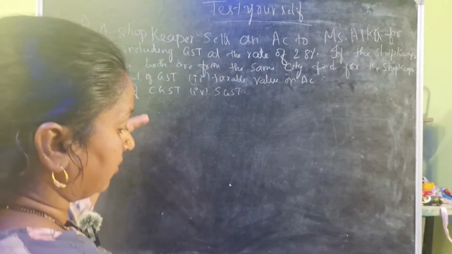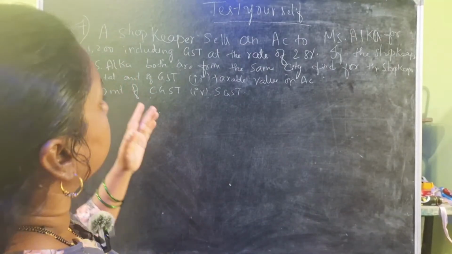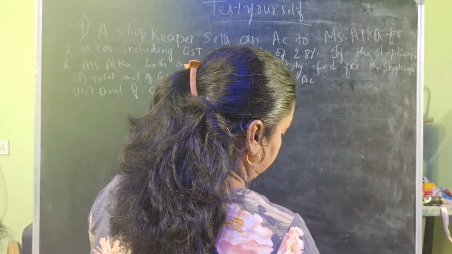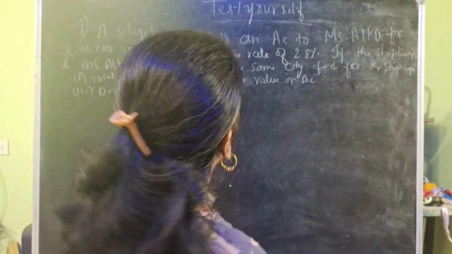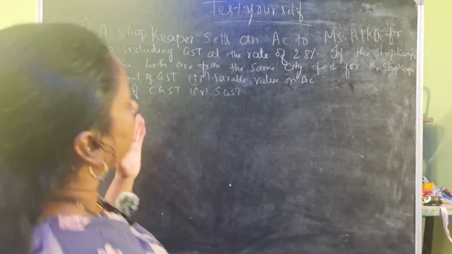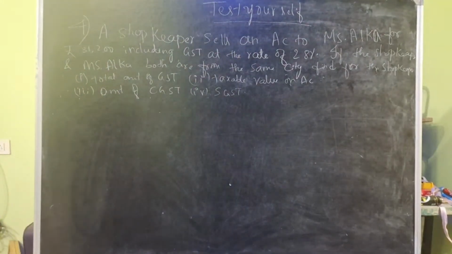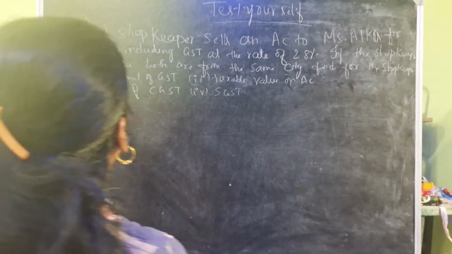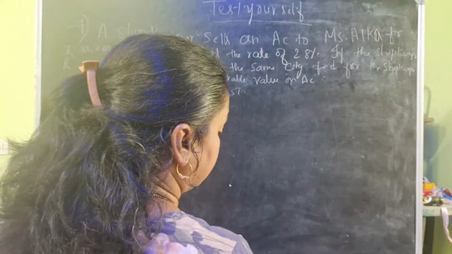Here we don't know the selling price of AC because the price given includes the GST amount, and the percentage of GST is 28%.